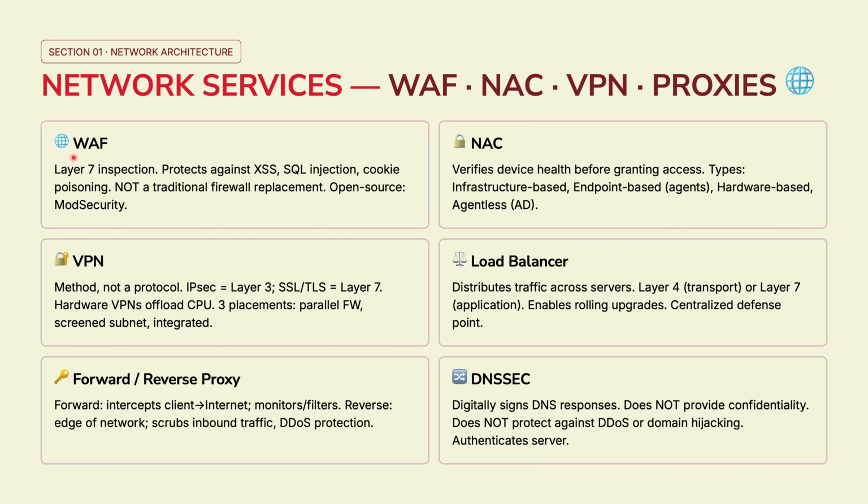Now, let's understand the different network services being implemented in the enterprise, starting with the WAF, which stands for Web Application Firewall. This operates at layer 7 of the OSI model. It protects web applications against OWASP top 10 attacks, including XSS, SQL injection, cookie poisoning, and some others.